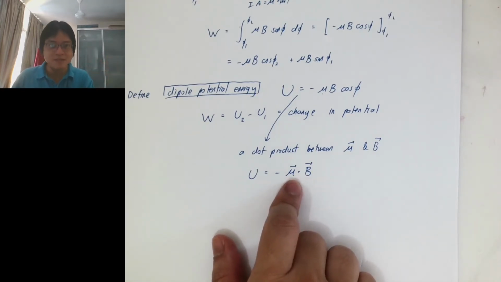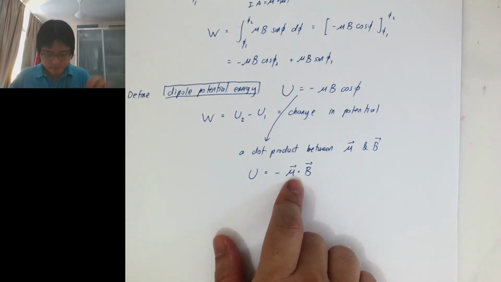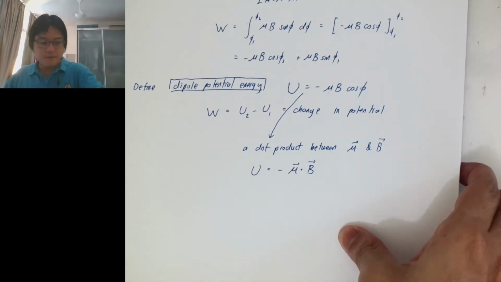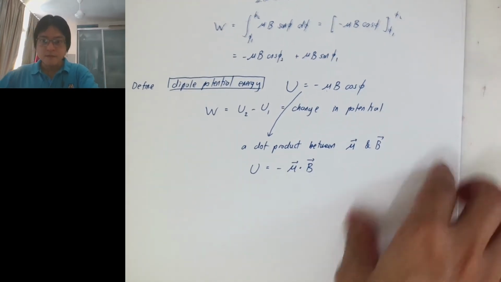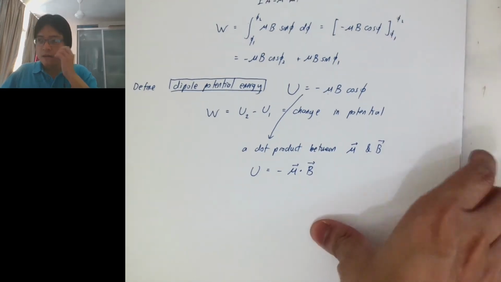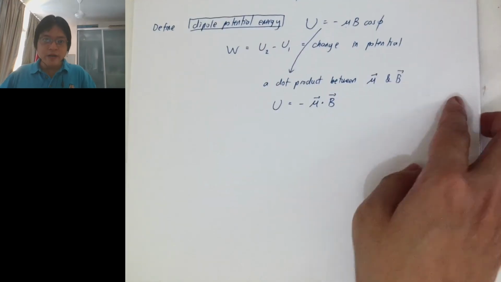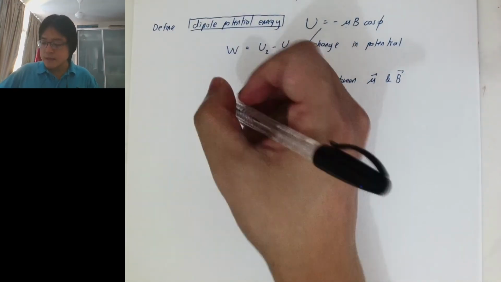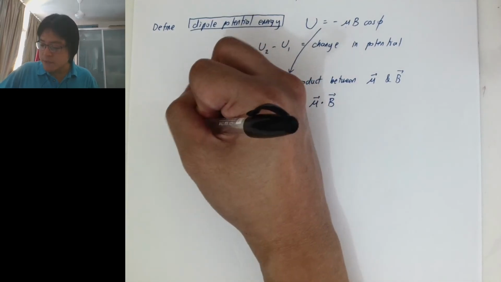So this is where it came from. In statistical mechanics part. I don't know whether he called it paramagnetism. The textbook I use calls it paramagnetism.